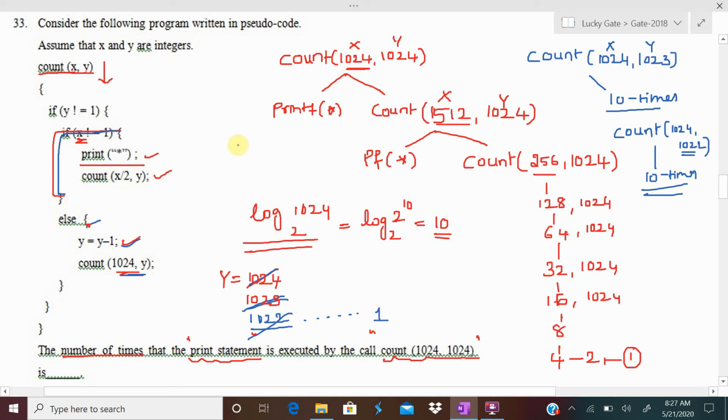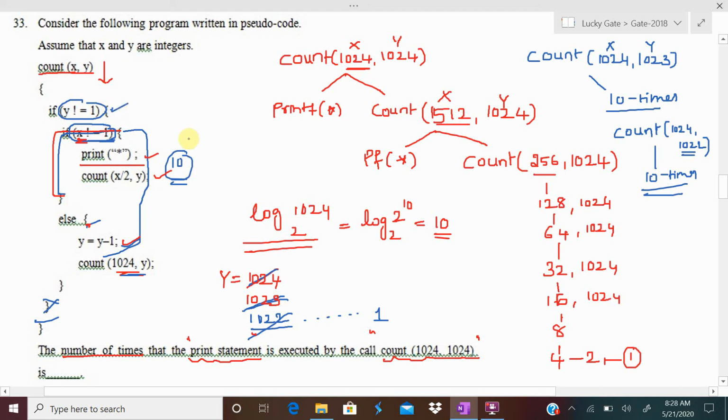Whenever y becomes 1, this condition is going to fail, and both conditions are failed, meaning it exits from the count function. It means this inner loop is called for 10 times, and this is repeated for y starting from 1024 down to 1.